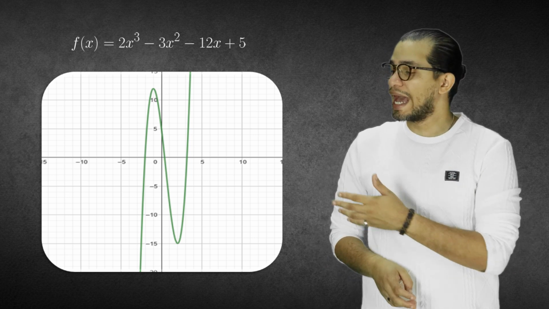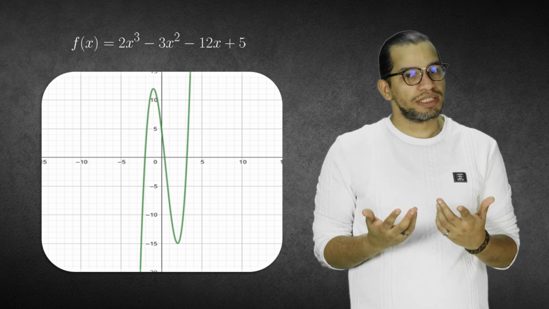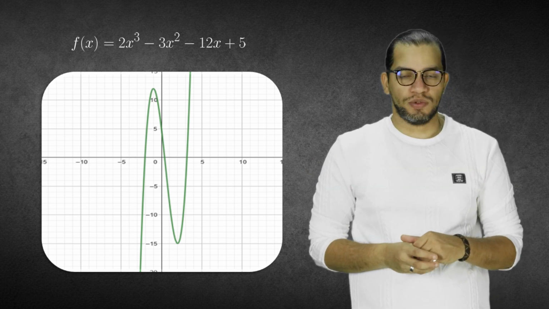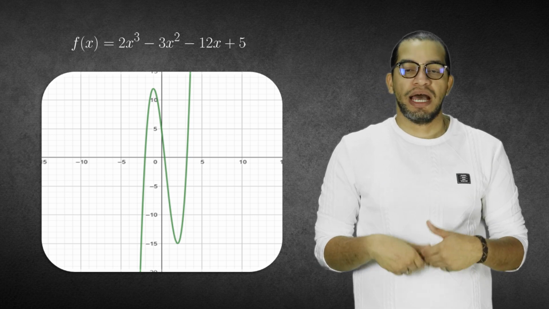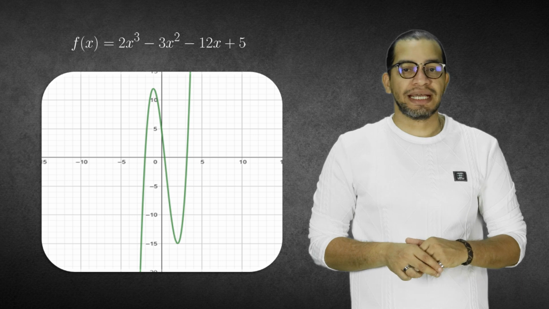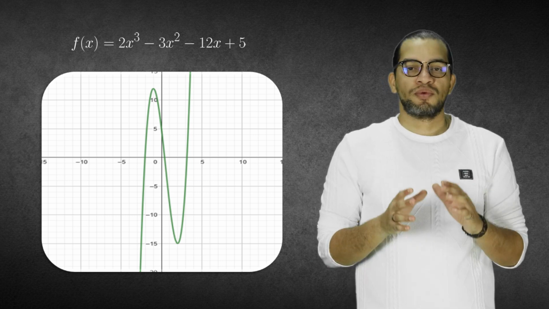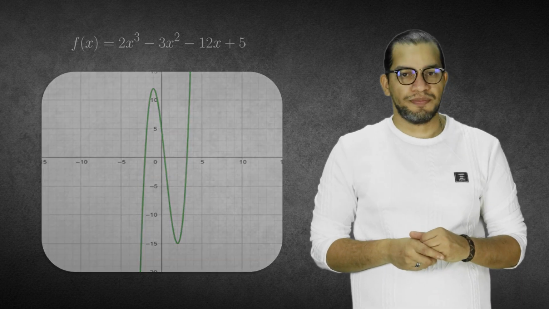Therefore, by looking at the graph, we noticed that the critical point x equals -1 represented a maxima. As well, the critical point x equals 2 represented a minima. Now we can start identifying a pattern, and we might say that every critical point represents either a minima or a maxima. But we have to be careful because such a statement is not true.